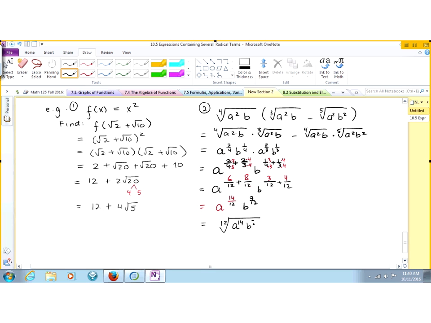We're actually almost done. 12th root of a to the 14, b to the 7. But what about this one? The 12th root of a squared. Okay. That's done with that. Then you have to do it for the other part. Does that make sense? So it's the same thing basically.